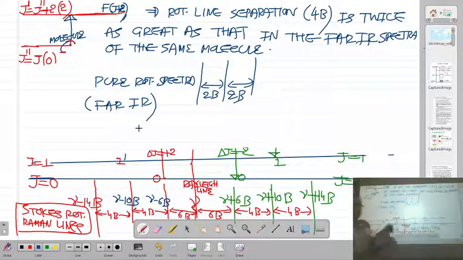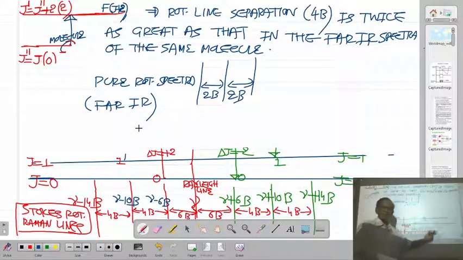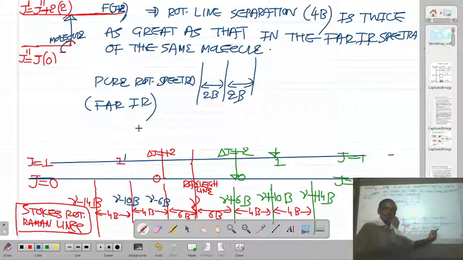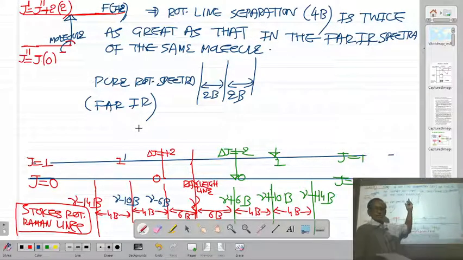So you take the same molecule and study its pure rotational spectra in the far infrared region. The separation between rotational lines is 2b. But if you study the rotational Raman spectra of the same molecule, the separation between rotational lines is double, it is 4b. So you can say that the separation between rotational Raman lines is double, 4b, the separation between the rotational lines of far infrared or pure rotational spectra.